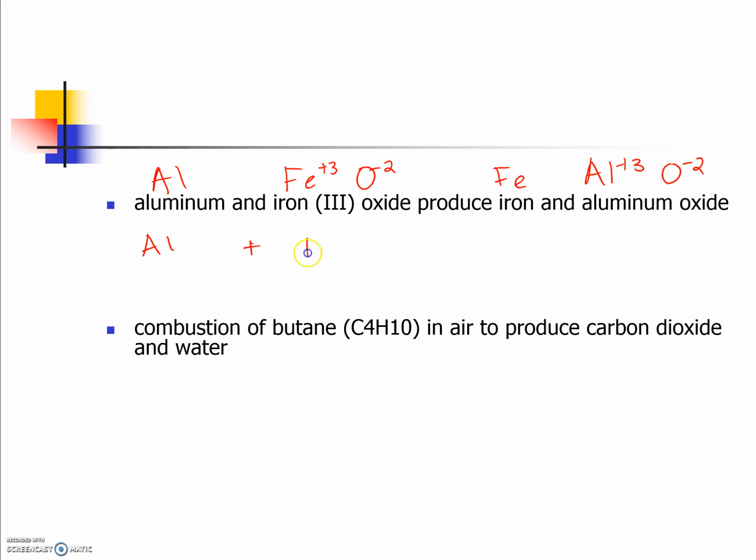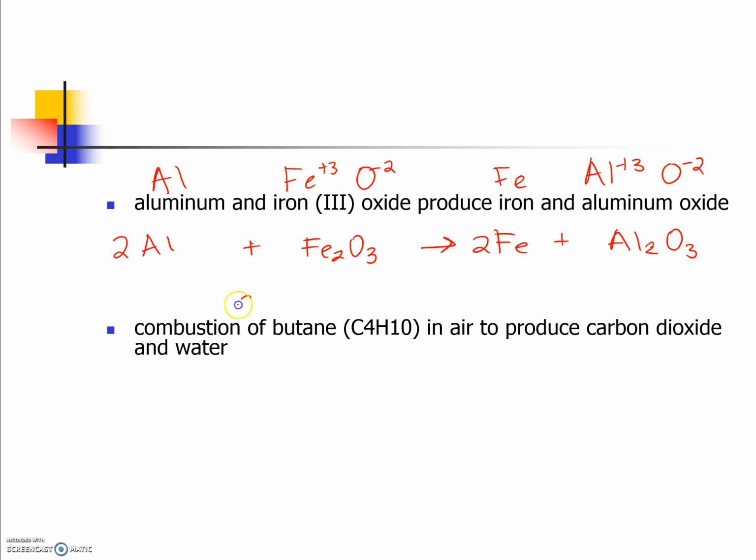Al plus Fe2O3 yields Fe plus Al2O3. Now I'm going to look at this and say, okay, I need to balance. I have 2 Als, so I'll put 2 here. I have 2 Fe's, so I'll put 2 here. So 2 Als, 2 Als, 2 Fe's, 2 Fe's, 3 O's, 3 O's. Done.